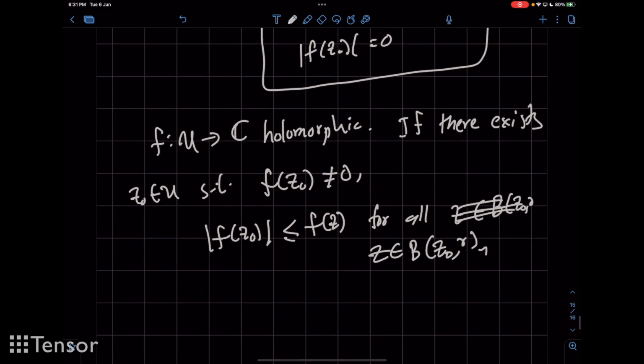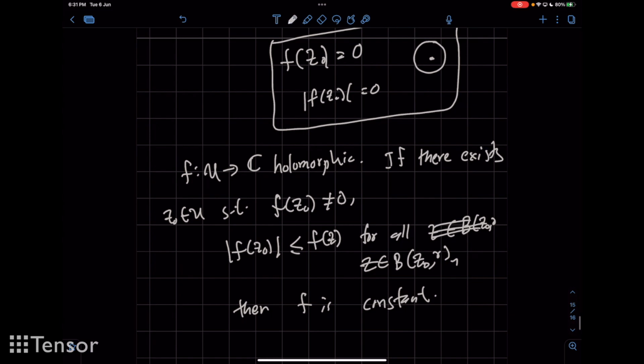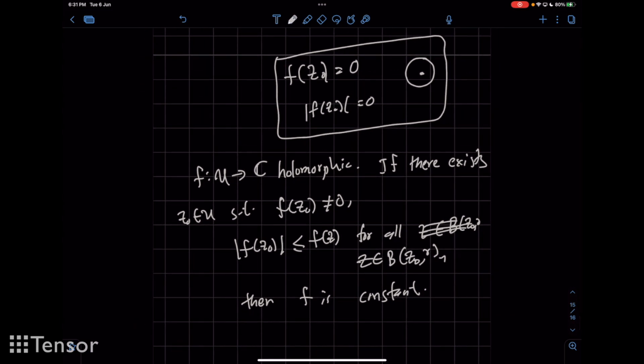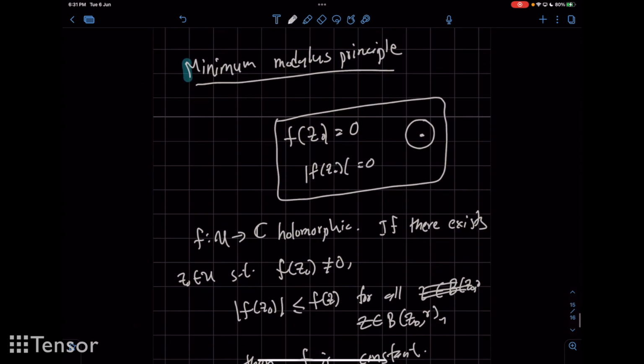If this happens, then f is constant. So is the statement of the maximum and minimum modulus principle clear to everyone?